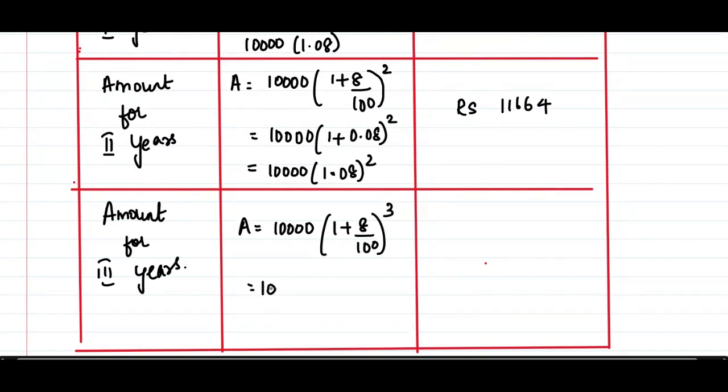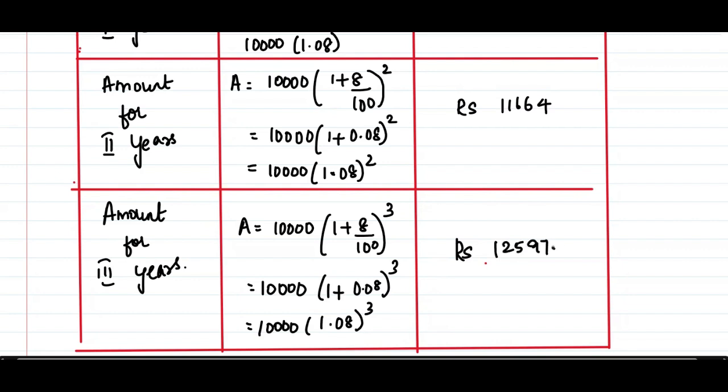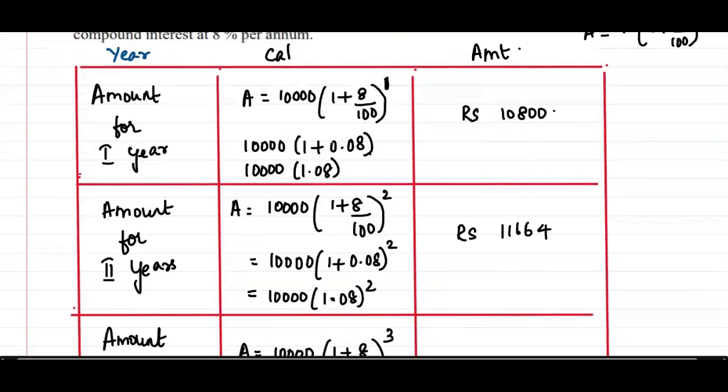So that will be 10,000 into (1 plus 0.08) to the power 3. We can say 10,000 into 1.08 to the power 3. When we calculate this, the answer will be rupees 12,597.12.